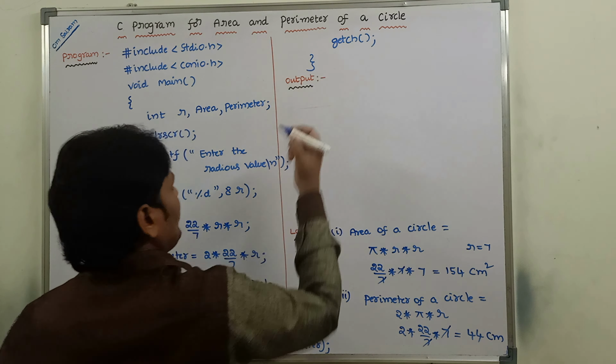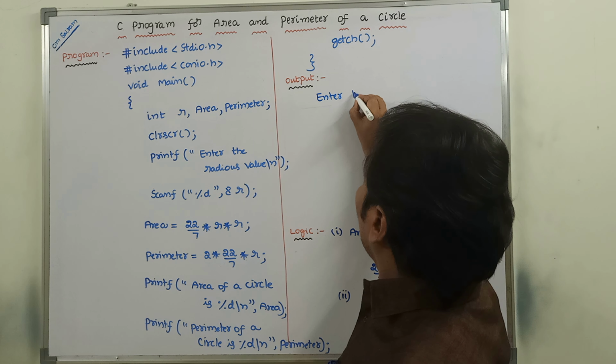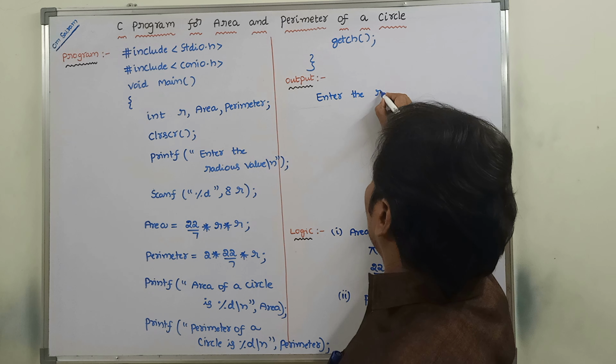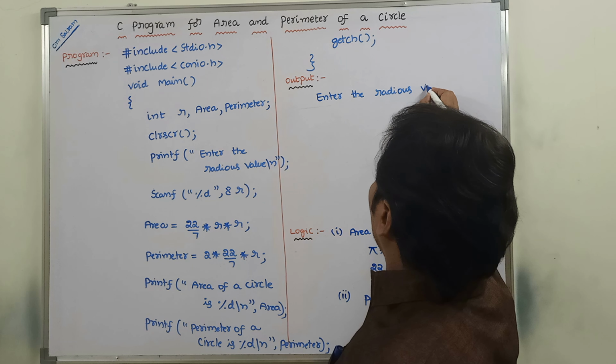So what is the output we are getting? Enter the radius value. This statement is printed on the output screen. The radius value I am entering is 7. This value is read from the keyboard by using the scanf function.